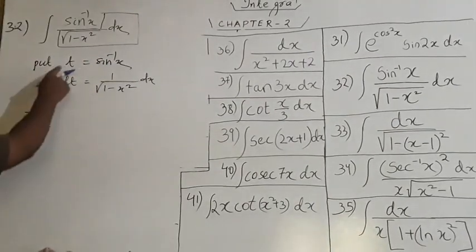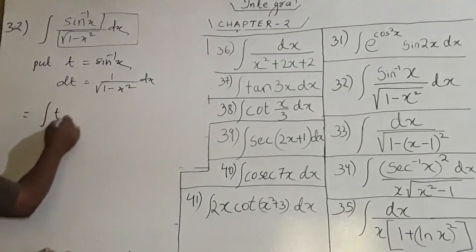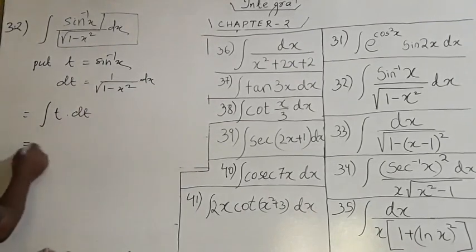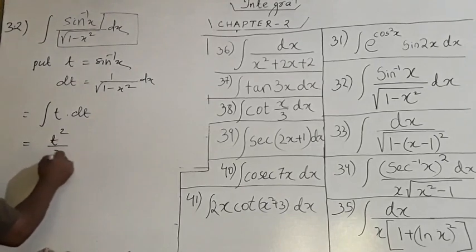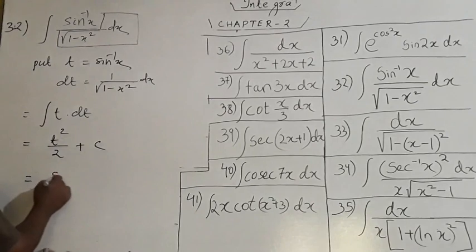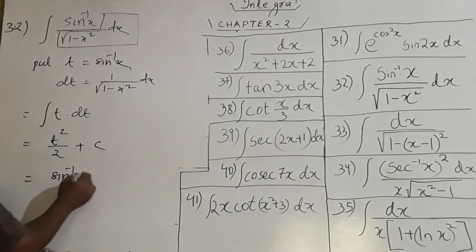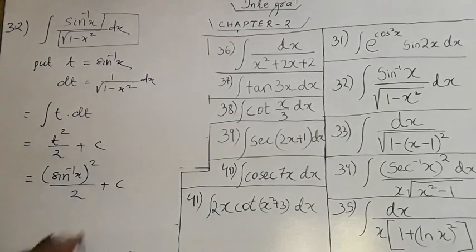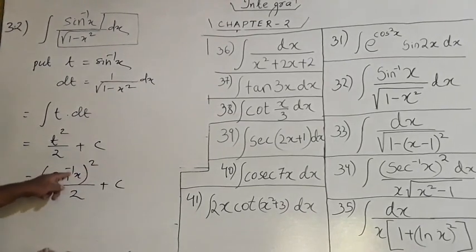It becomes integral of t dt, which is t square by 2 plus c. What is t square? That is sin inverse x whole square by 2 plus c. Don't take the 2 inside, because sin inverse x doesn't mean sin x to the power minus 1. Keep it as it is. Okay.